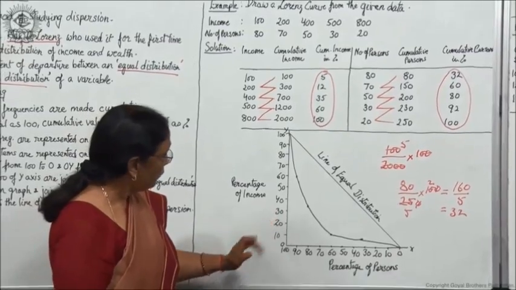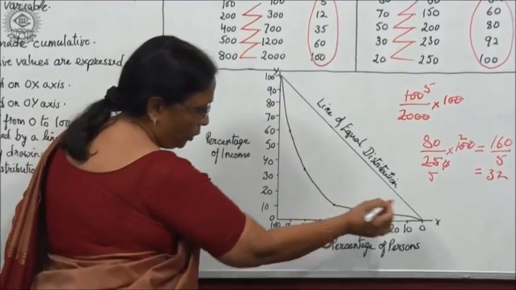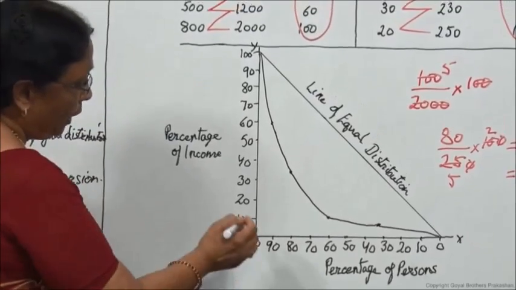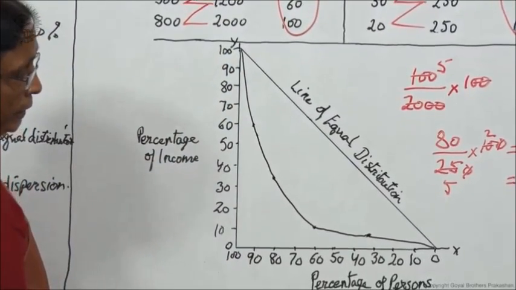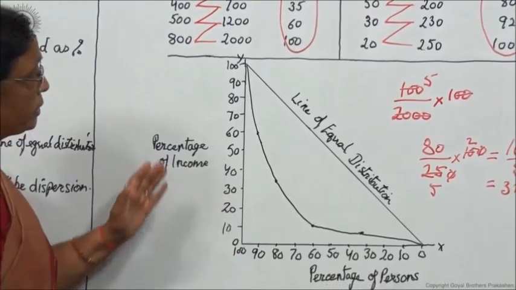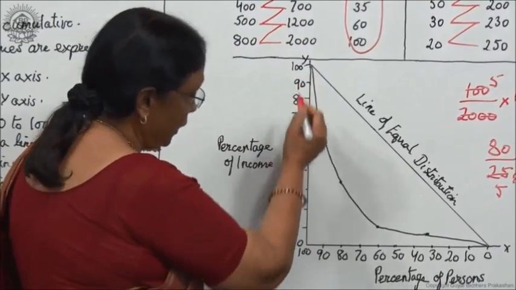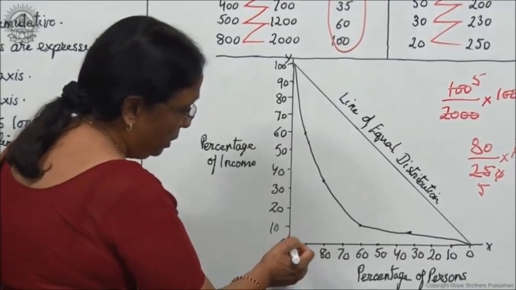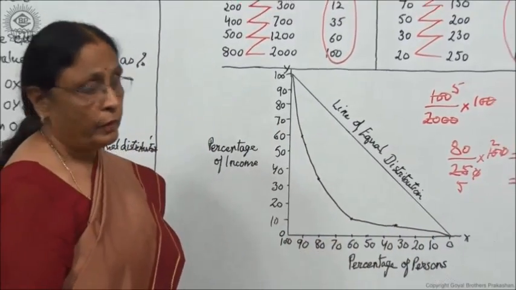Now let us see how we have done it here. This is the OY axis, this is the OX axis. The OY axis starts from 0 till 100, right, because we are taking it in percentage, so there is no point of taking it beyond 100. So 0 to 100, and this side will start from 100 to 0, right.